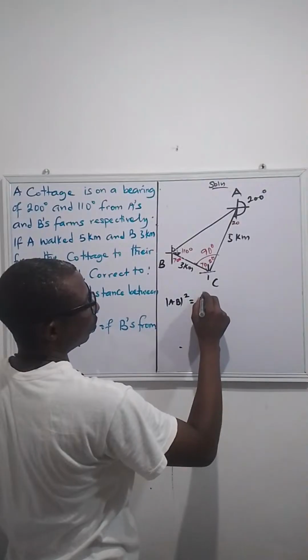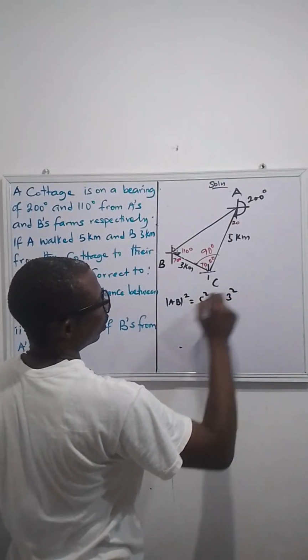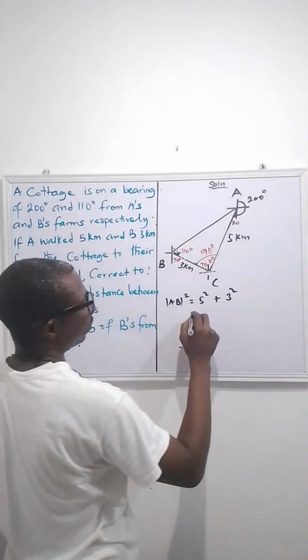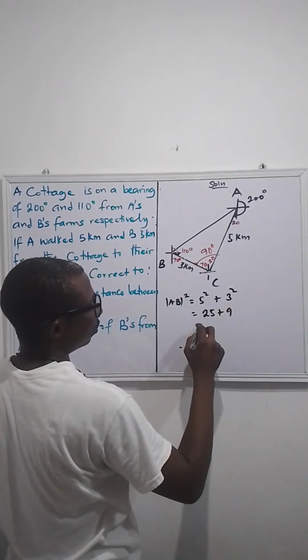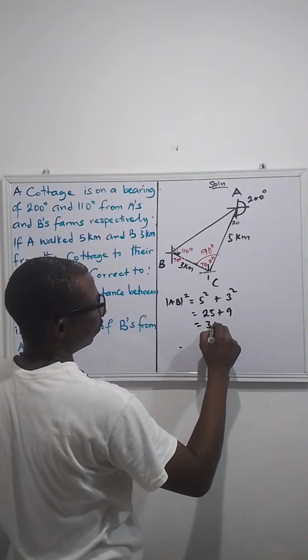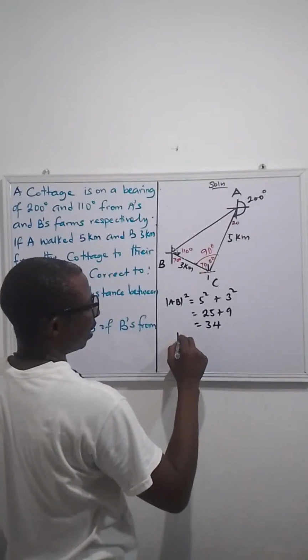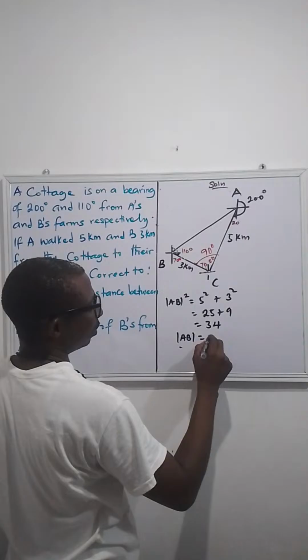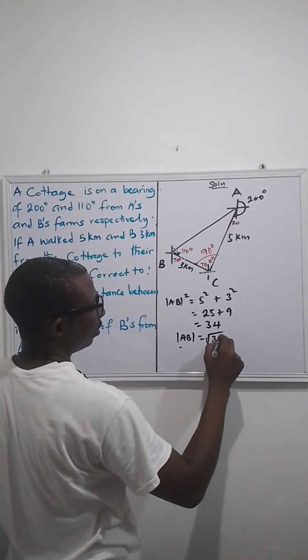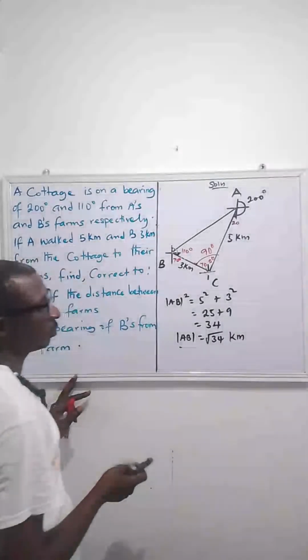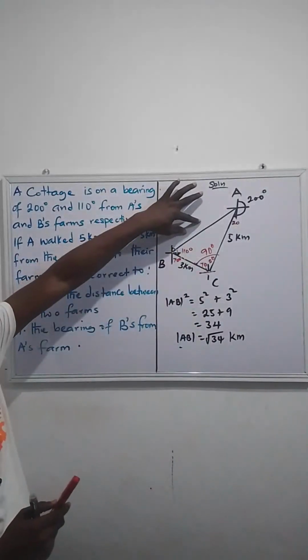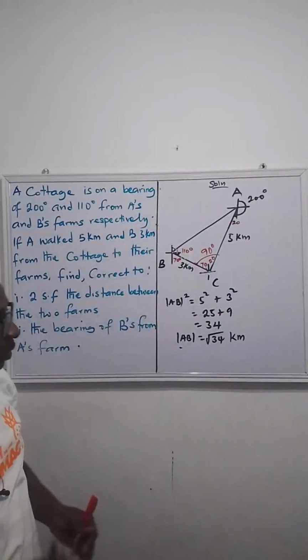So we have 5 squared plus 3 squared, which gives you 25 plus 9, and that gives you 34. So we now have AB is the square root of 34, and that's going to be in kilometers.